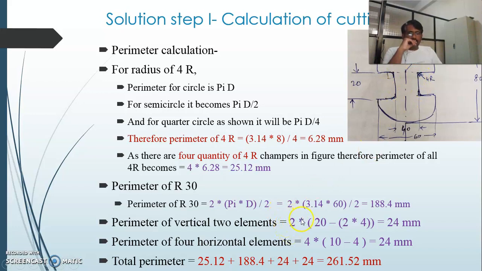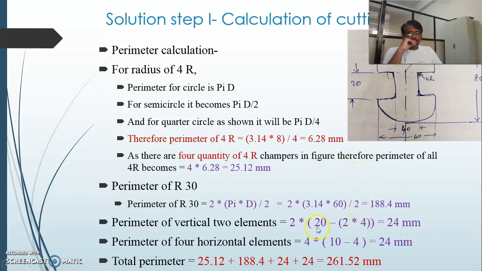So 2 into 20 is the actual height, minus 2 into 4. This 4 is the radius of the quarter circle, and for one vertical element this radius is available at both ends, this side and this side. So we have 2 into 4.